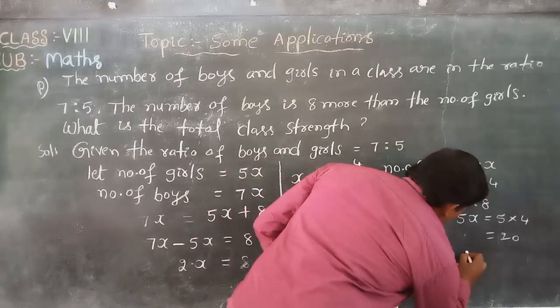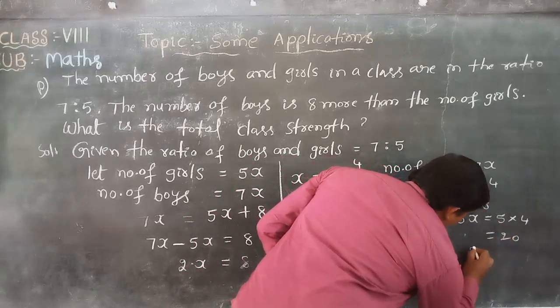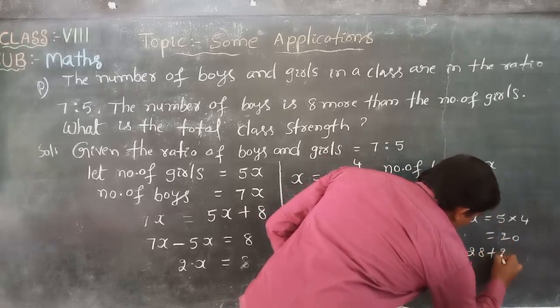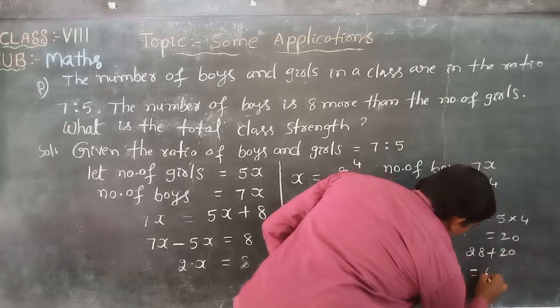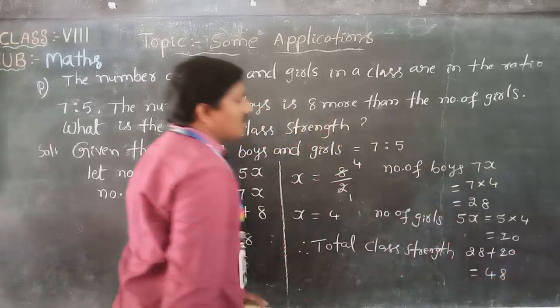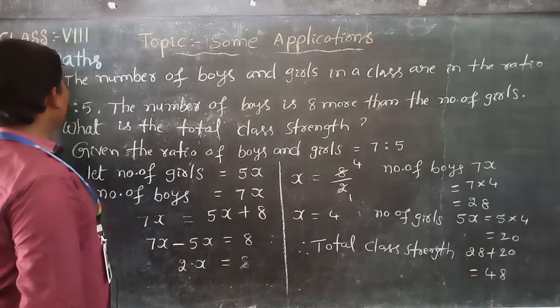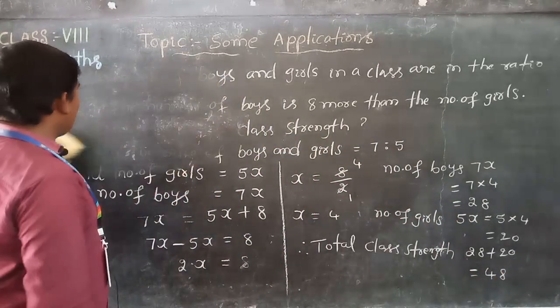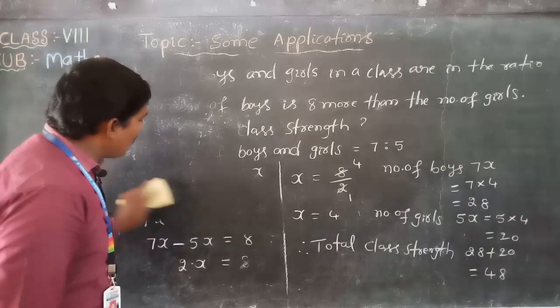Total class strength 28 plus 20 is equal to 48. Okay, these are the ratio models.